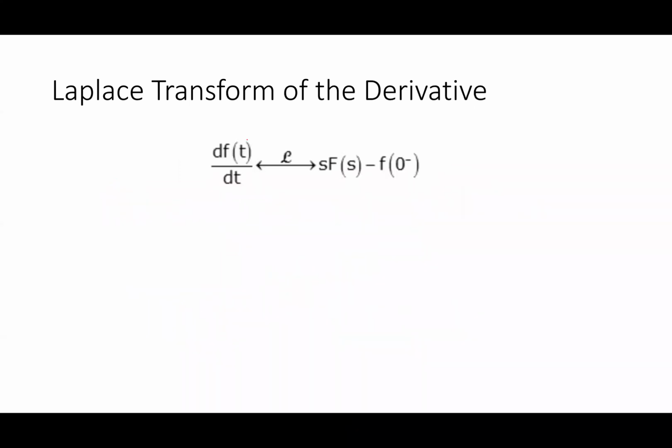Now the other thing we can deal with, this is what you learned in differential equations. If I take the Laplace transform of the derivative, and we use this term, if f of t has a Laplace transform, that's what this little scripty L says.